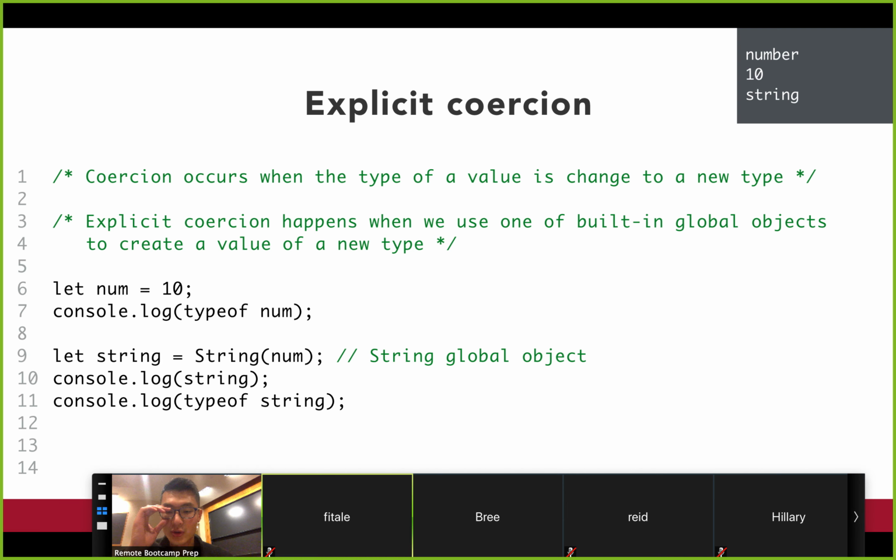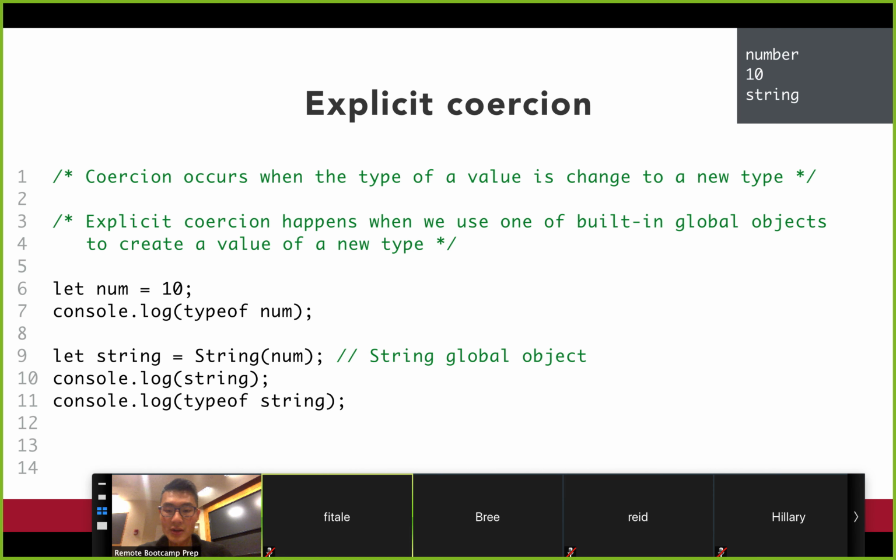So when we look at our printouts, on line 7, right after I made the variable num, what's that type? Well, it's a number. Okay, cool. On line 9, I've now taken that number, I fed it into the String global object, and I've converted it into a string. On line 10, when I console log out that new variable, I see a 10, but when I console log out the type, it's actually not the number 10, it's the string 10.